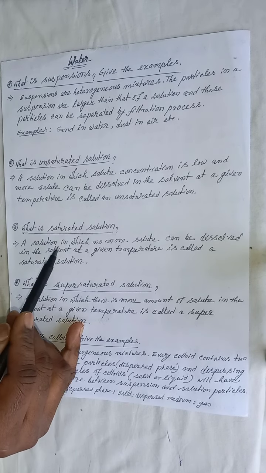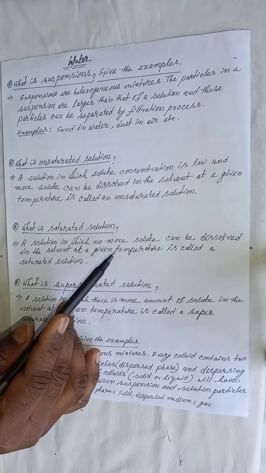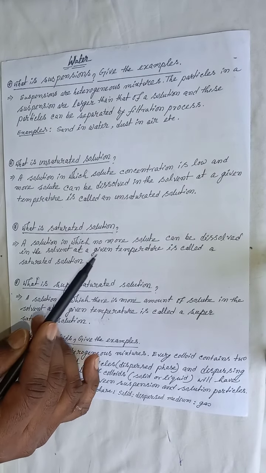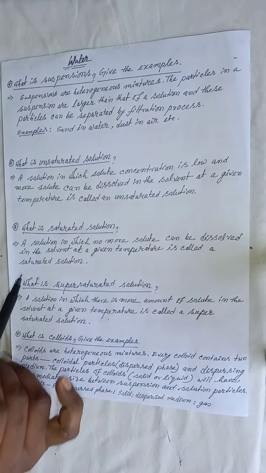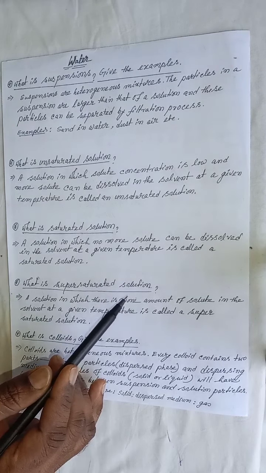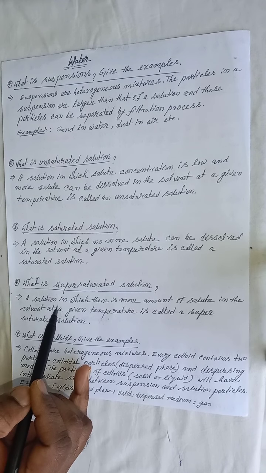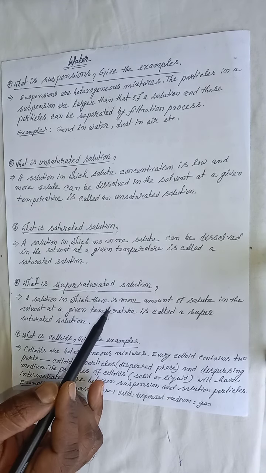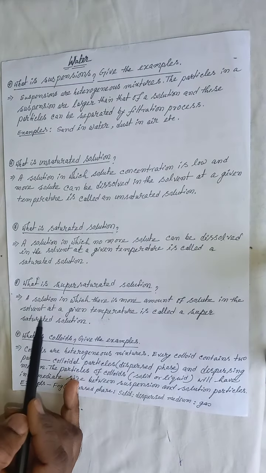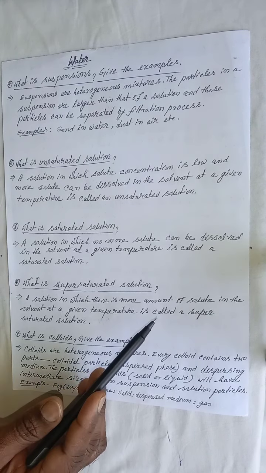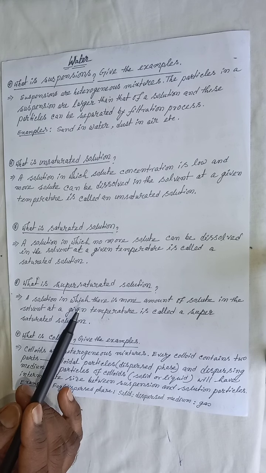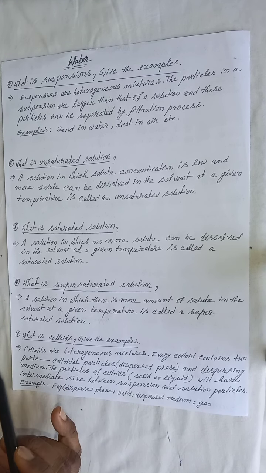A solution in which no more solute can be dissolved in the solvent at a given temperature is called a saturated solution. What is a supersaturated solution? A solution in which there is more solute in the solvent at a given temperature is called a supersaturated solution. Temperature is the most important part of the solution.